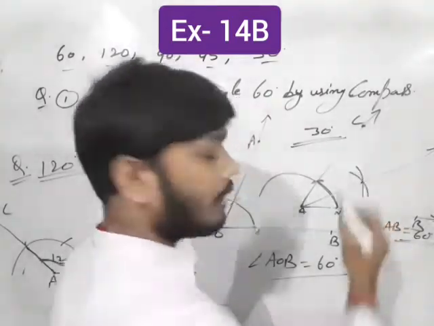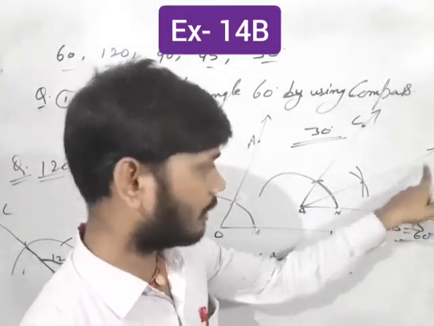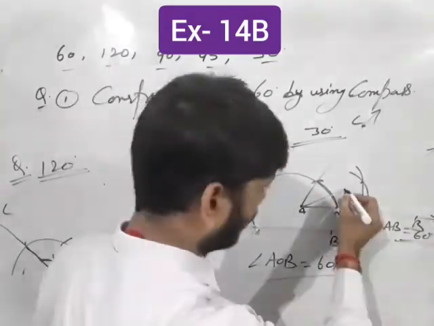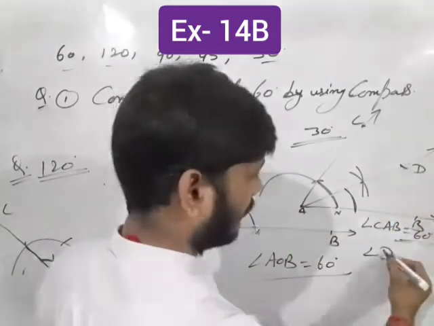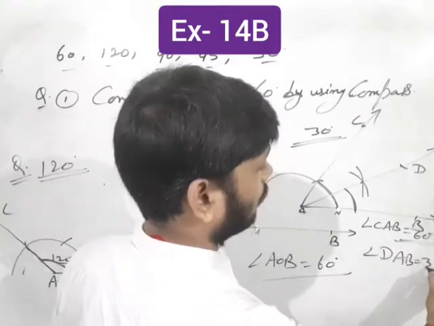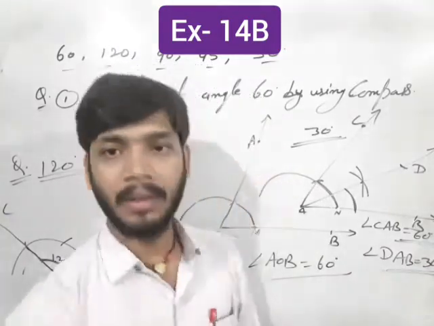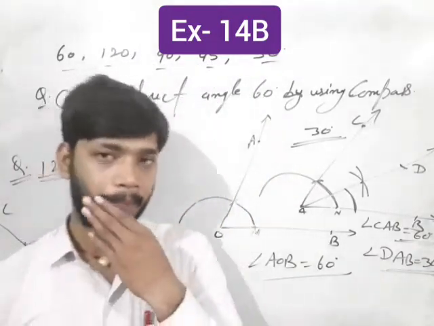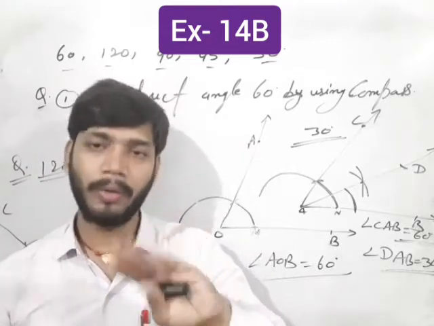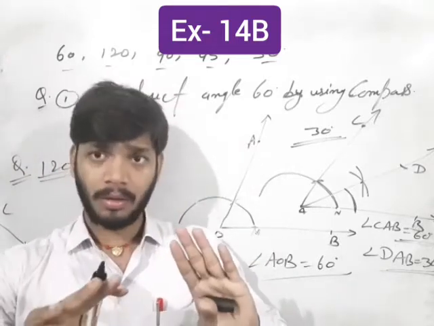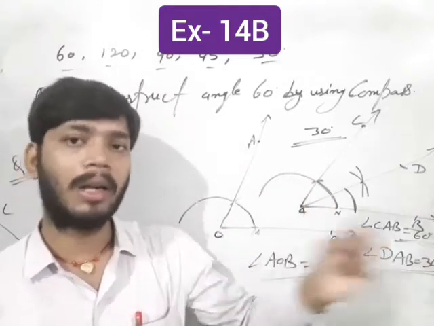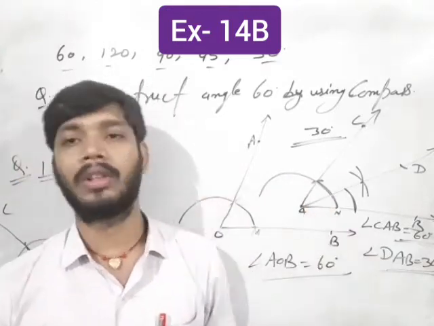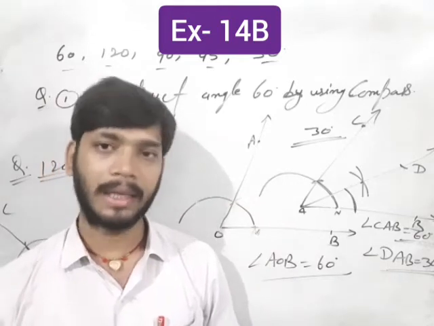This is the angle bisector of this angle, suppose here D. So angle DAB is equal to 30 degree. Clear friends? When you are required to get half the angle, construct a bisector of that angle.